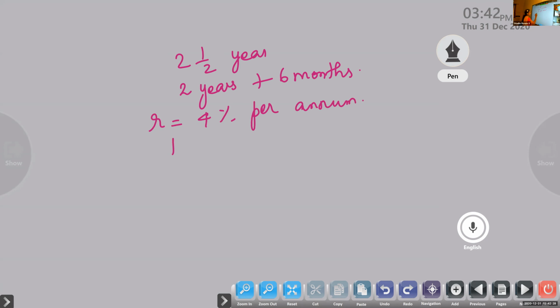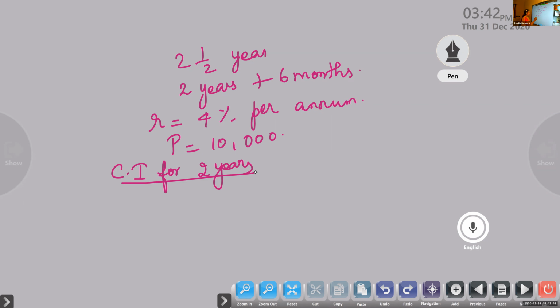And the principal given here is 10,000. So you find the compound interest for 2 years. We will be doing this in 2 steps.